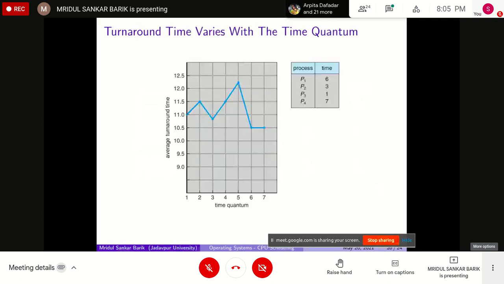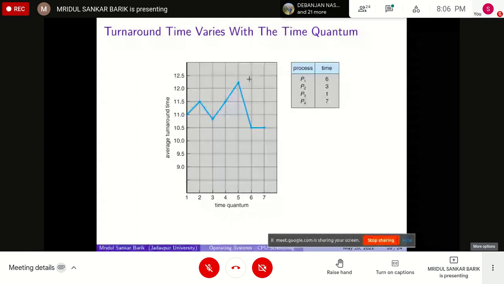And turnaround time varies with the time quantum. So for a given set of processes, P1, P2, P3, P4, as we go on increasing the length of the time quanta, the average turnaround time varies like this. It's not a steady curve, it's either increasing or decreasing.